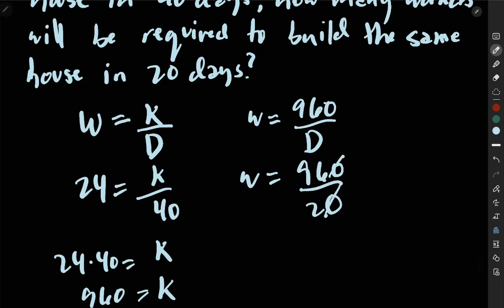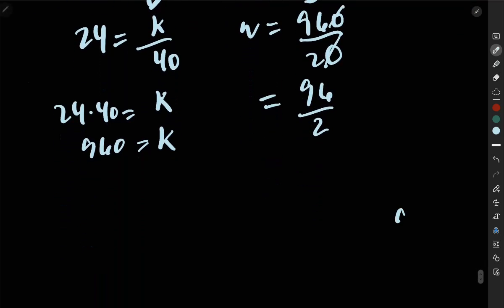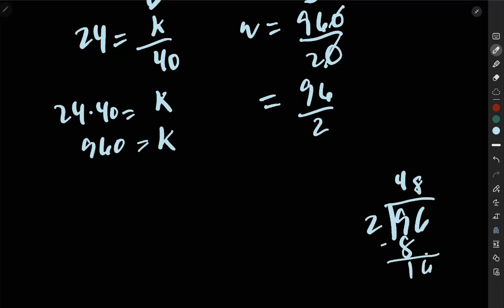So we can remove 0 here to make it simpler to see, 96 over 2. So 96 divided by 2, that's how much? 4, 8, so that is 48 workers in all.